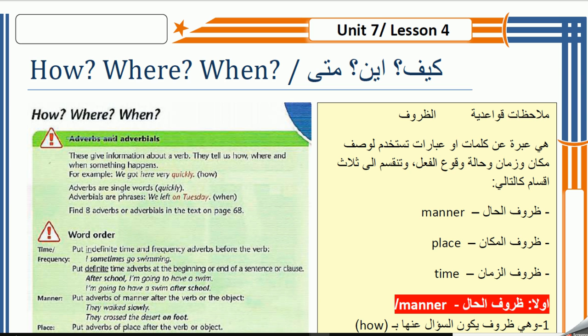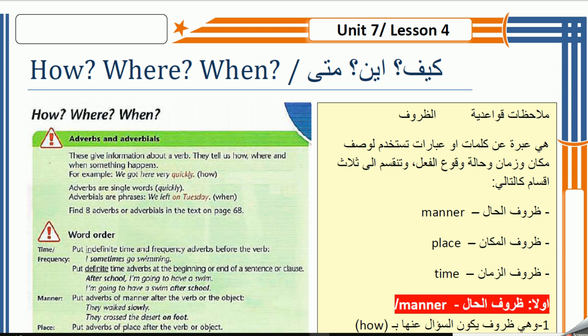Adverbs and adverbials, or adverbs in general, are words or phrases used to describe place, time, and manner of the verbs. Also divided into three parts.